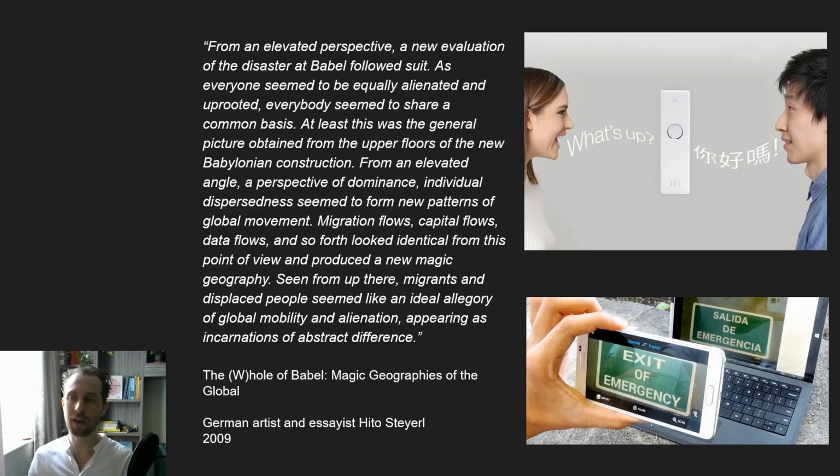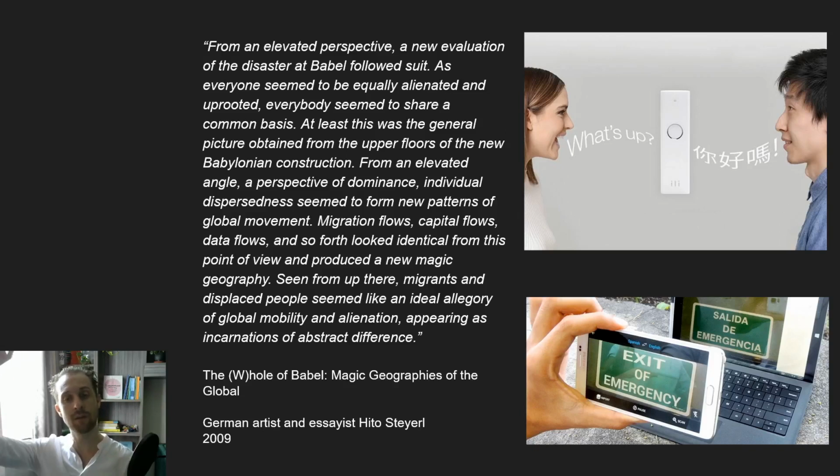So she's talking about, I guess, this digital nomad phenomenon today, where we seem to float around the world, unified by our relationship to technological networks that allow us to do so. Sterl continues, "Migration flows, capital flows, data flows, and so forth looked identical from this elevated point of view and produced a new magic geography.